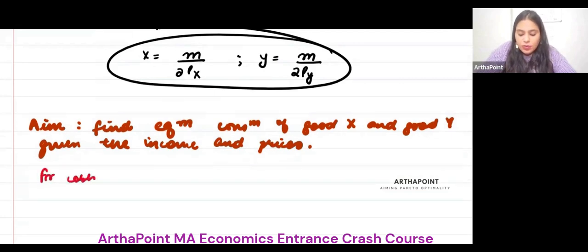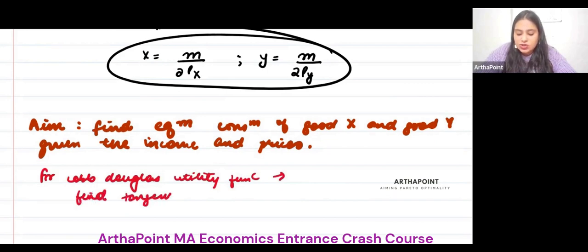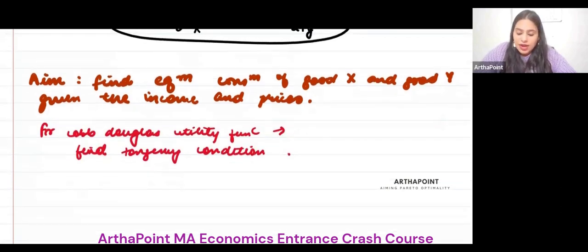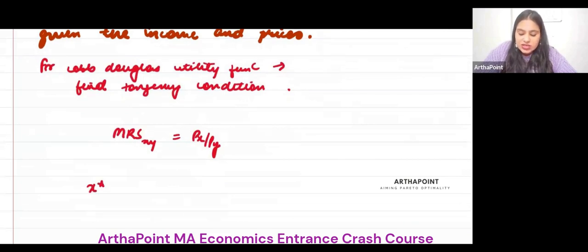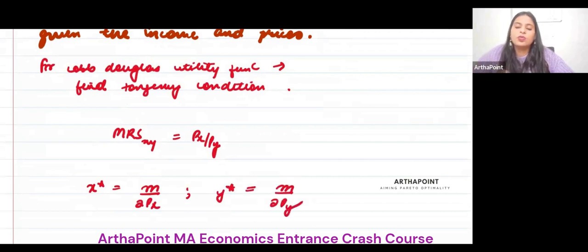For a Cobb-Douglas utility function, you will find the tangency condition. How will you do that? By equating MRS to px by py, and then you get your X star as m by 2px and Y star as m by 2py. This is what my equilibrium is.